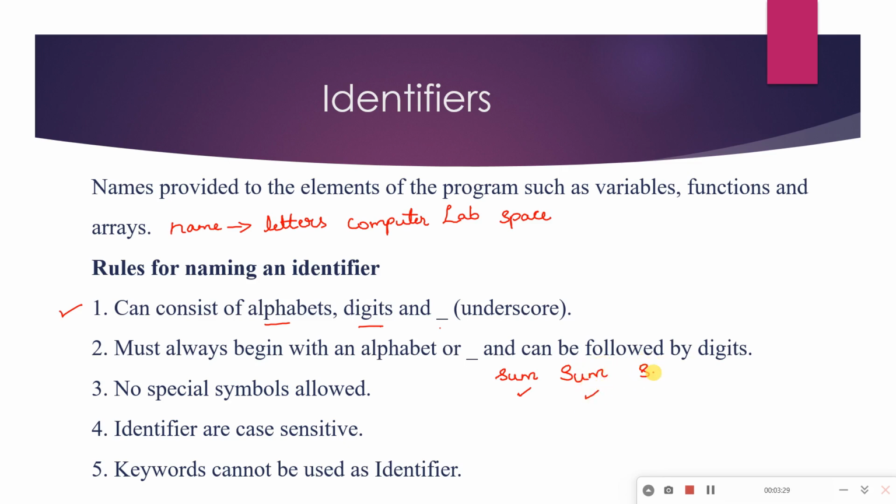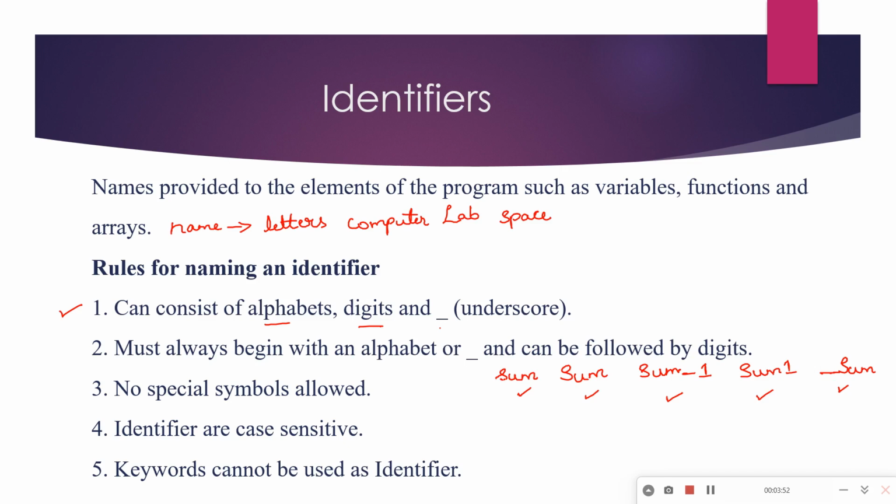If I write capital Sum, then underscore 1, this is also valid. Or if I write sum1, this is also valid. Either it can also begin with an underscore symbol, then sum, without any space. So this is also valid.